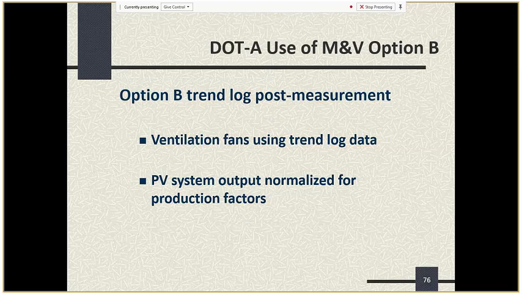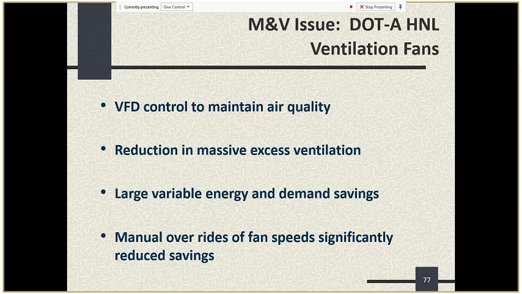Go to slide 77. Now, what sort of issues did DOT have? These are just some examples. On the ventilation fans, they're using the VFD really to control the fan speed to maintain air quality, to get rid of vehicle exhaust, to avoid essentially carbon monoxide and NOx.